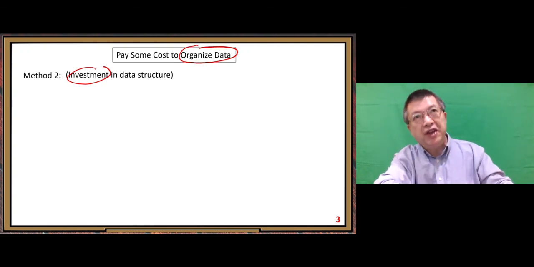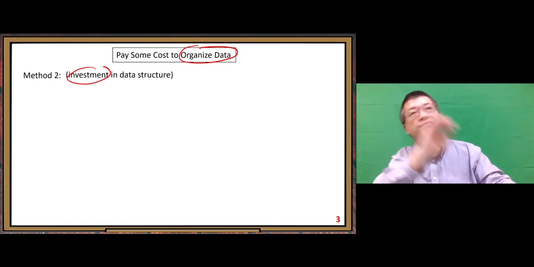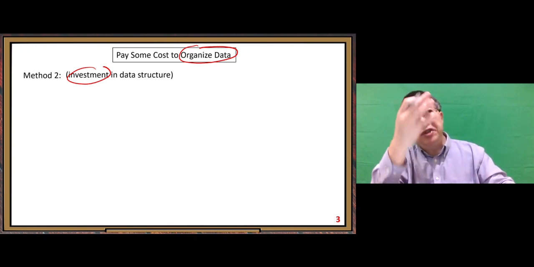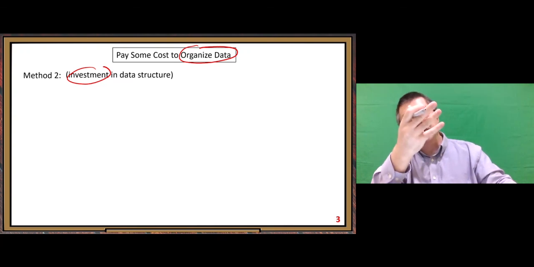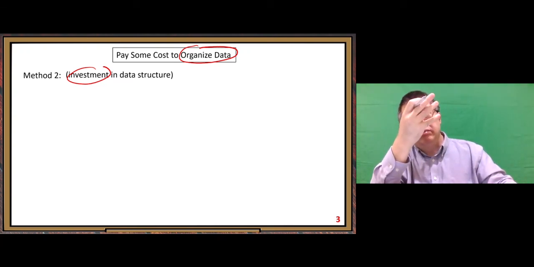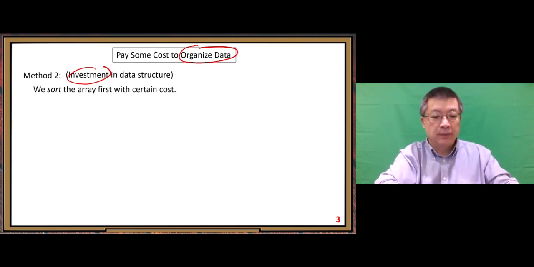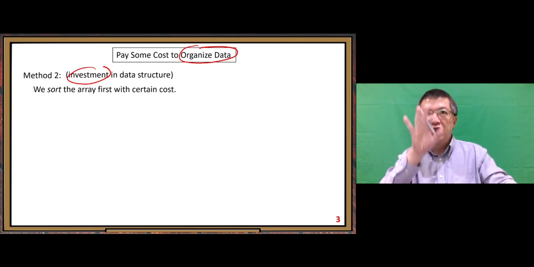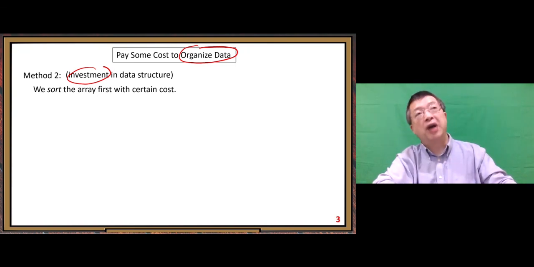We do some investment in our data structure. We want to see if this investment can help us improve the performance or not. We want to compare. So we sort the array first with certain cost. What is the cost of sorting an array?